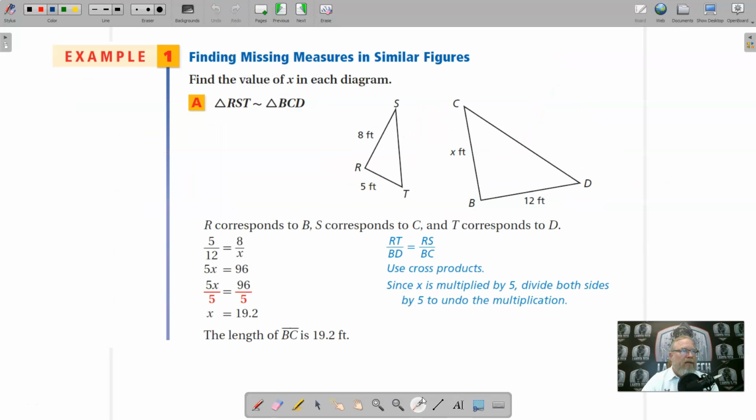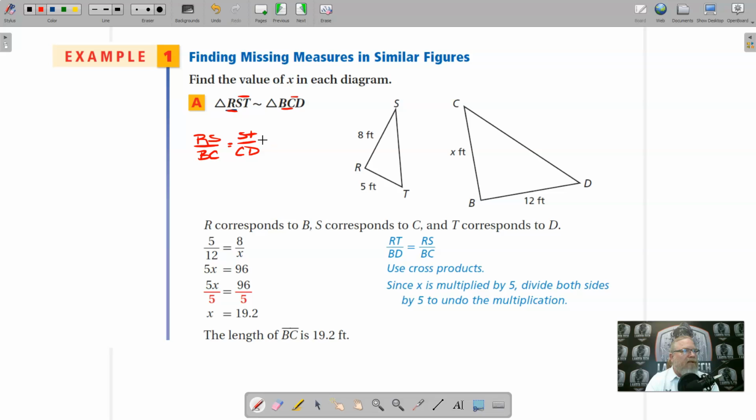Finding missing measures in similar figures. Find the value of x in each diagram. It's not necessary to do what I'm about to do, but I'm just going to set up similarity statements. So RS matches up with BC. So we would have RS is to BC as, and then the second and the third, ST is to CD.